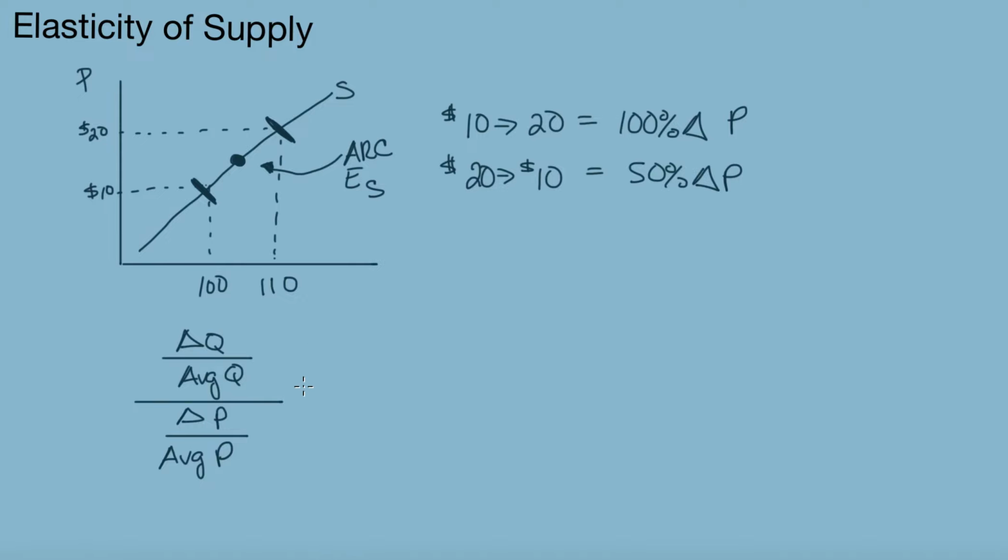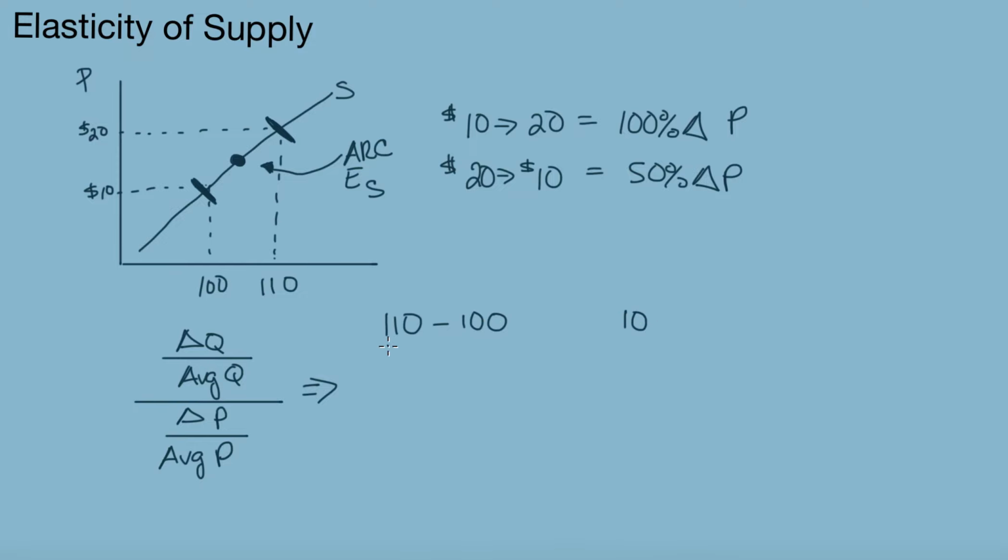Okay, so in this example, we're going to look at the change in quantity. We're going to start off with 110 units, and so that's our quantity 2, sorry, and then we'll subtract our quantity 1. Basically we see that the difference there is 10.